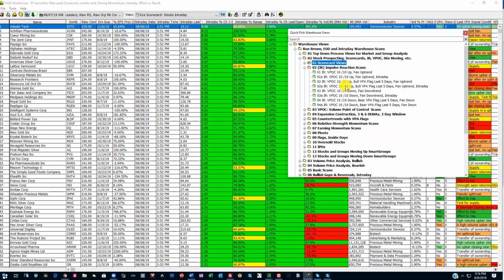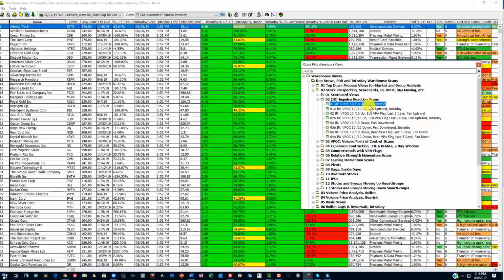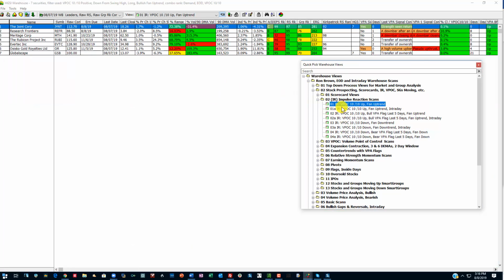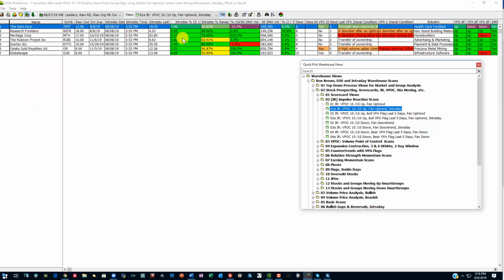Now, the impulse reaction, this is just a view of stocks that have pulled back from the prior day's high. And now I'm using my 1010, or the VPOC has to be positive, and it has to be in a fan uptrend.